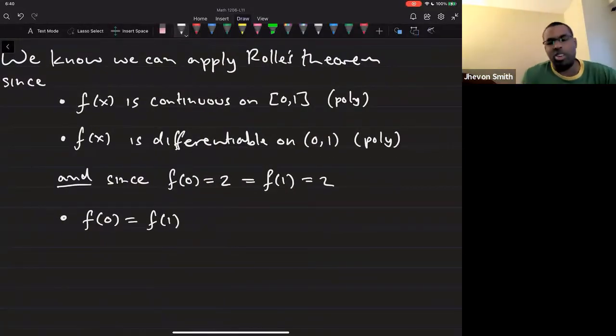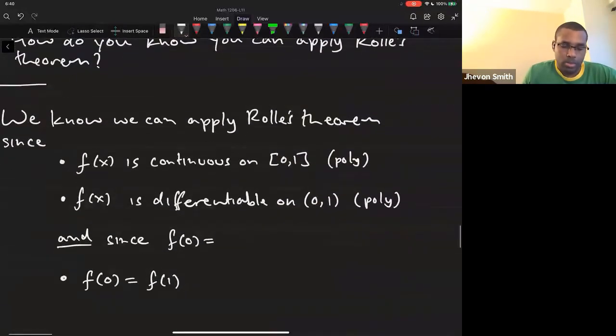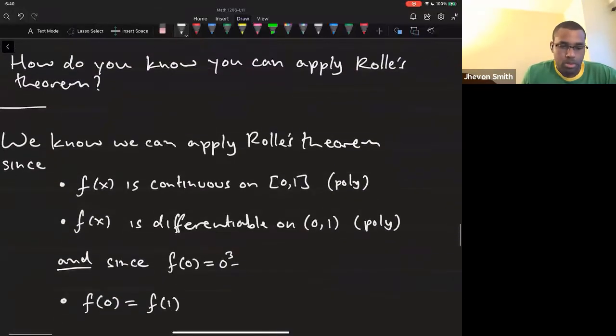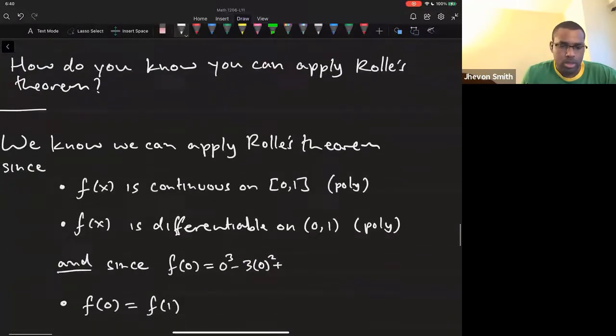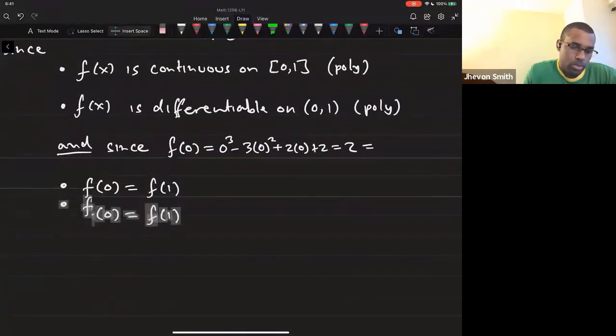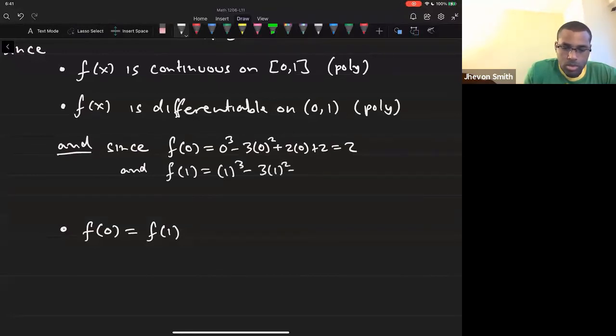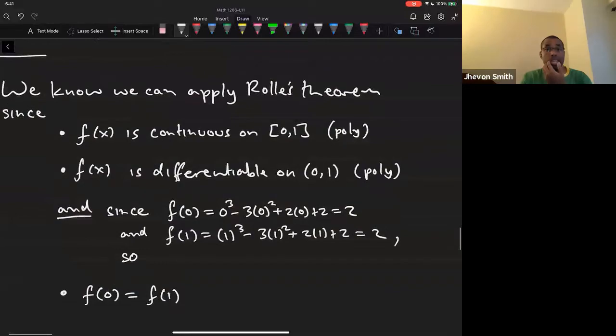Let me write this out: f of 0 equals 0 cubed minus 3 times 0 squared plus 2 times 0 plus 2 equals 2. Okay. So you have those 3, and that's how we know we can use Rolle's theorem.